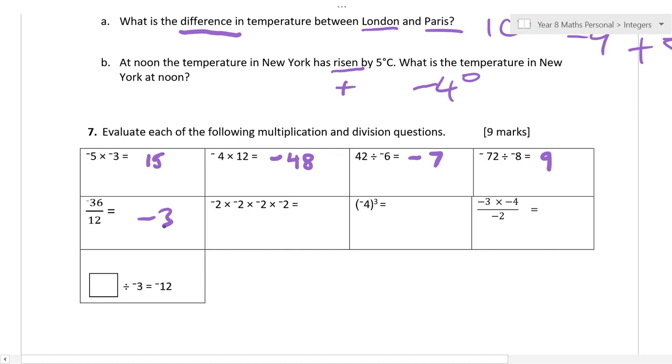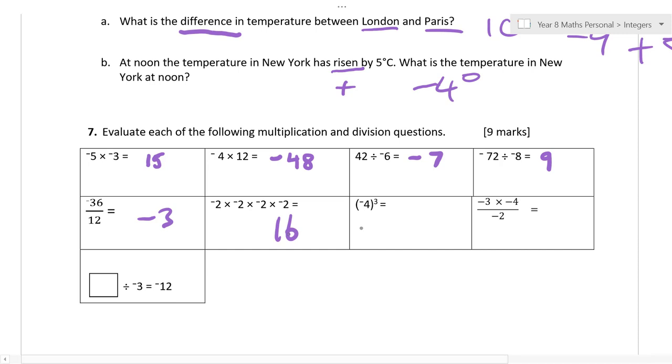And then negative 2 times negative 2 equals 4, and then 4 multiplied by negative 2 equals negative 8 because it's a positive and a negative. And then the negative 8 multiplied by negative 2 is 2 negatives, so that equals a positive, which is 16.